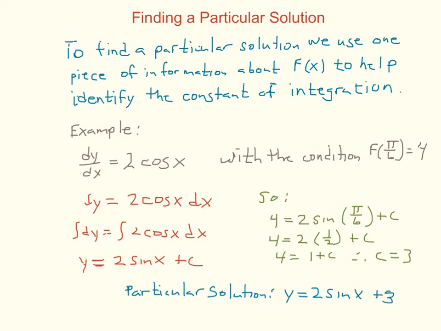Taking this value for c, I plug it back in, and I get my particular solution, which is y equals 2 times the sine of x plus 3. That would be the particular solution to this differential equation subject to this initial condition.